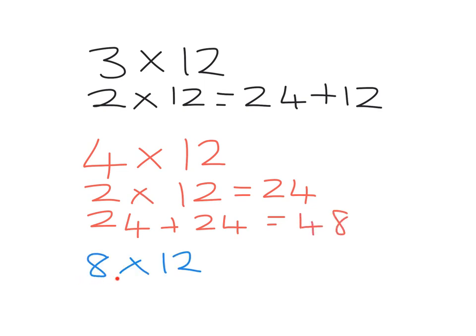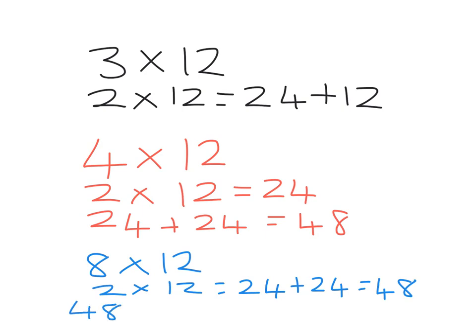And I can use my 2 times tables to work out the 8 times tables by working out what 2 times 12 equals, and if I double that, that gives me 4 times 12, and then if I double it again, that will give me 8 times 12.